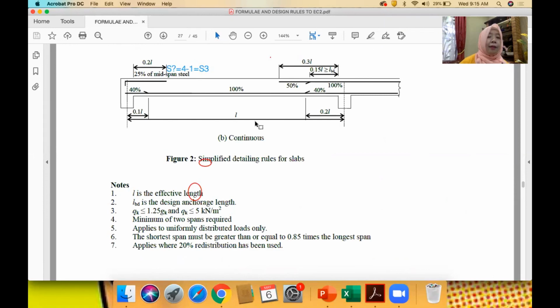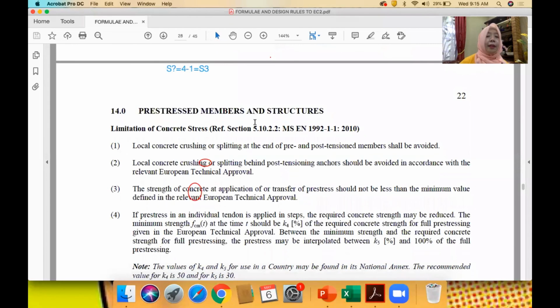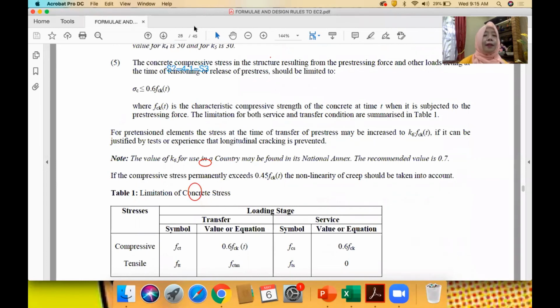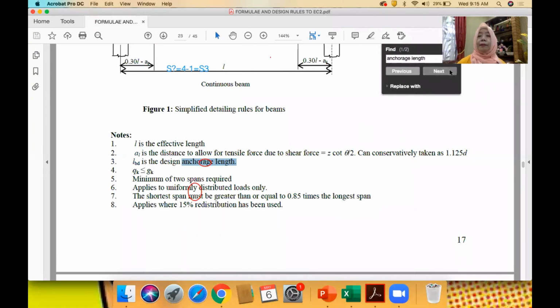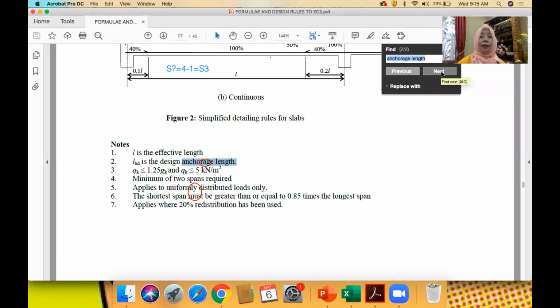LBD is the anchorage length. Let's find the anchorage length.